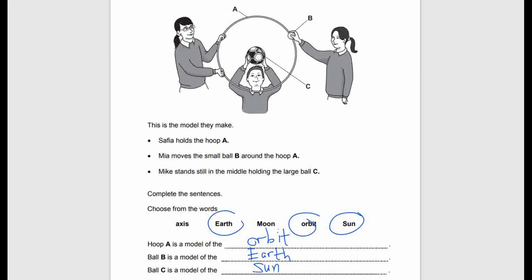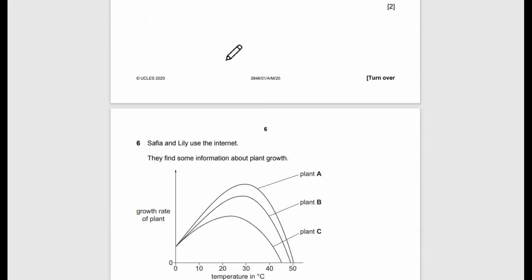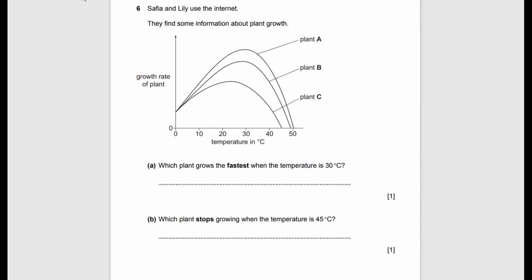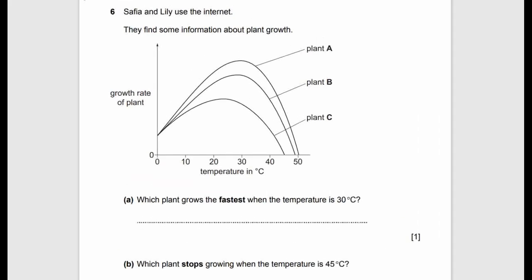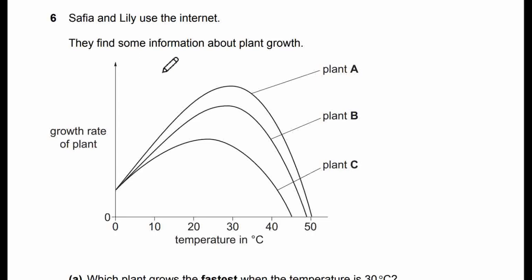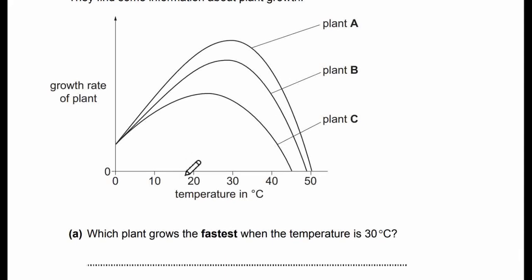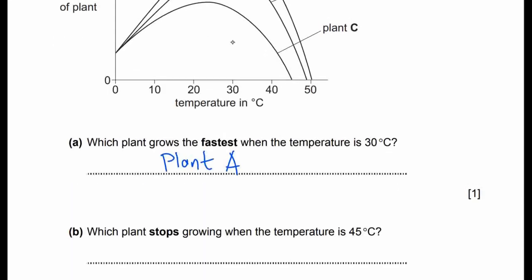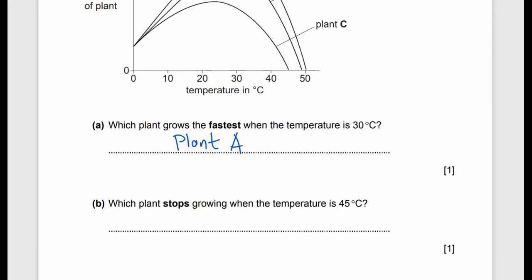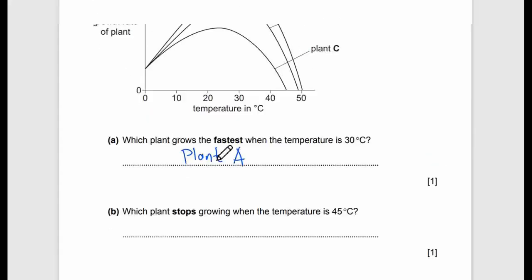Okay, go to next number. Sophia and Lily used the internet. They find some information about plant growth. Which plant grows fastest when the temperature is 30 degrees? At 30 degrees, the growth of plant is highest for A, so it must be plant A. Next, which plant stops growing when the temperature is 45?